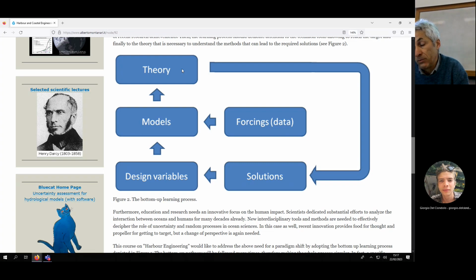And then after our perceptual identification of solutions, we go back to the design events, to the design forcings, to the models that we need to generate these design forcings, and finally to the theory. This allows us to focus on the technical part of it.